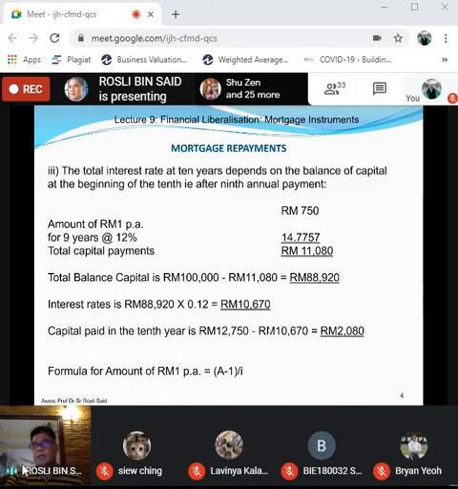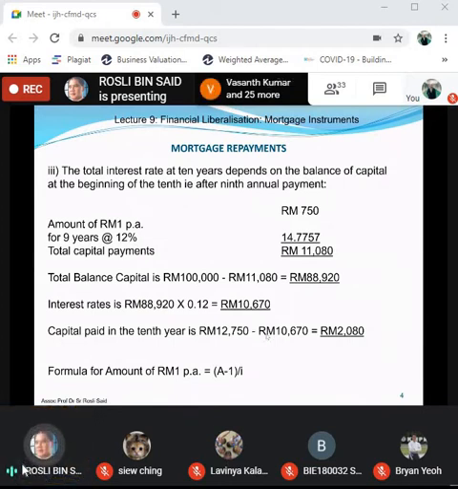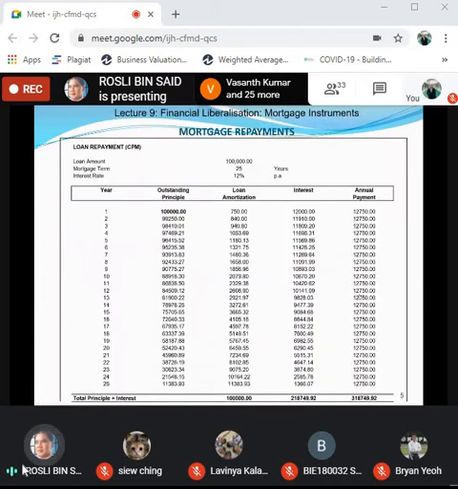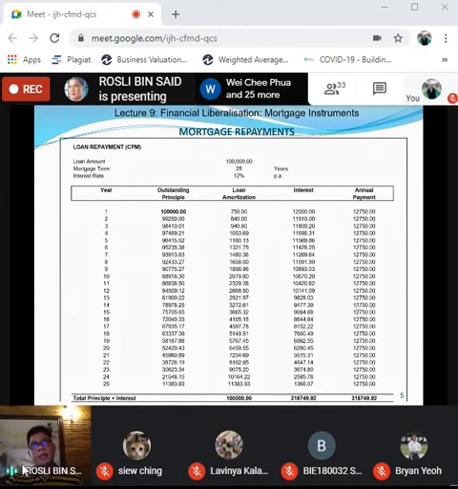Because the financial calculator cannot calculate the rest of the mortgages that we have learned. So basically, we use Excel to calculate. And then if you're familiar with these, it will help you a lot in your future investment.